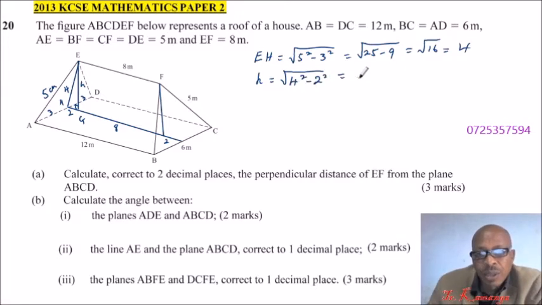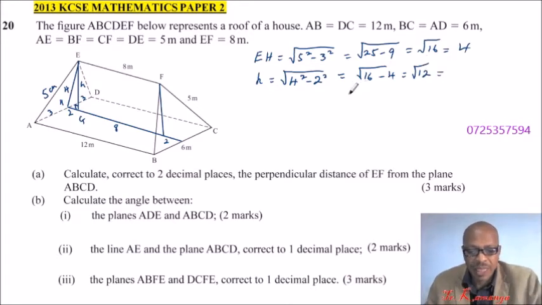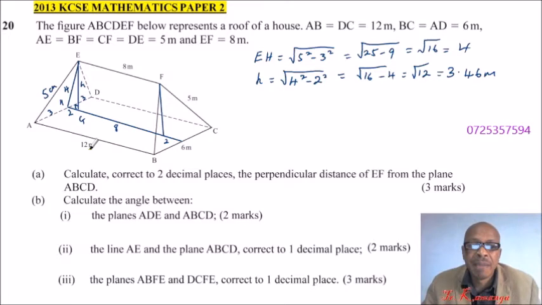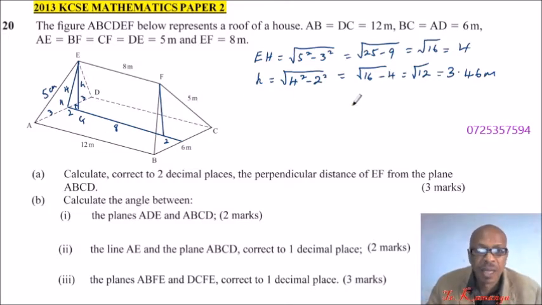This is the square root of 16 minus 4, which is the square root of 12, which you can get using your calculator: 3.46 meters. So the perpendicular height from EF to the plane ABCD is 3.46 meters. So that's how you work out that.